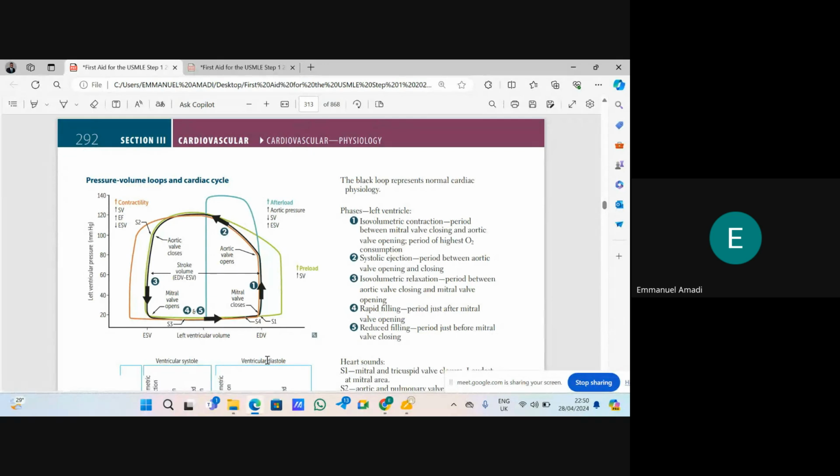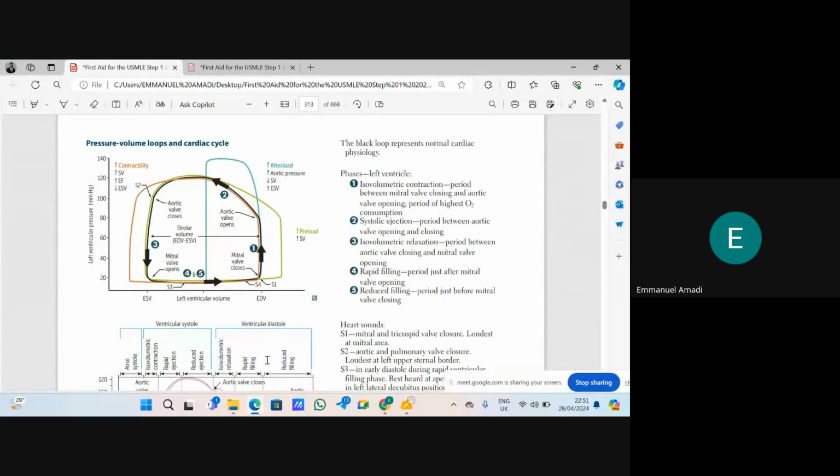Now, when you talk about heart sounds, your heart sound is caused by the closing of the valves. When the heart valves close, they produce a sound similar to when a door closes. So your S1 is heard when your mitral valve closes, at the end of diastole. The closing of the mitral and tricuspid valves gives you the S1.